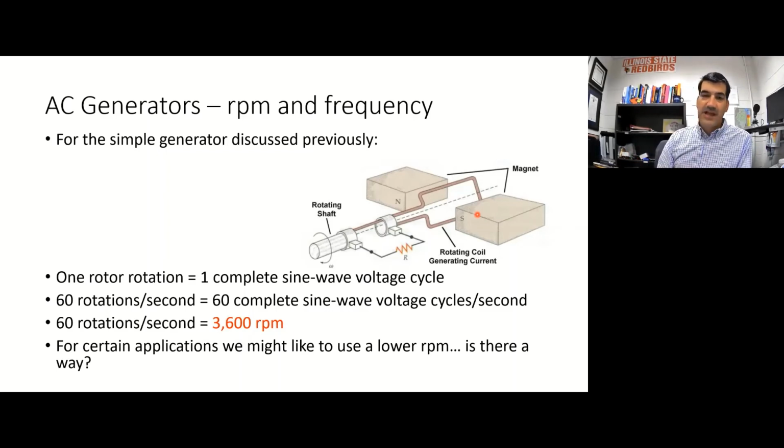And so you'd like for there to be a way to produce 60 hertz AC output without having to spin the rotor of the generator quite so fast. And it turns out there is, by changing the number of magnetic poles in the generator.